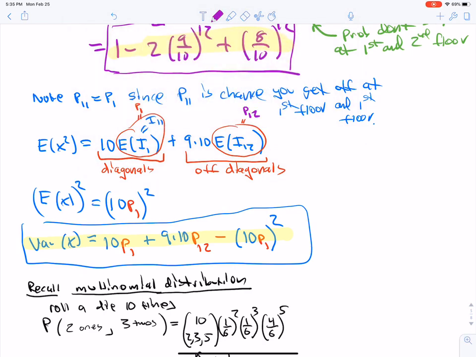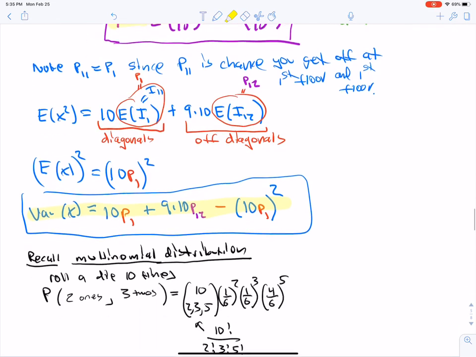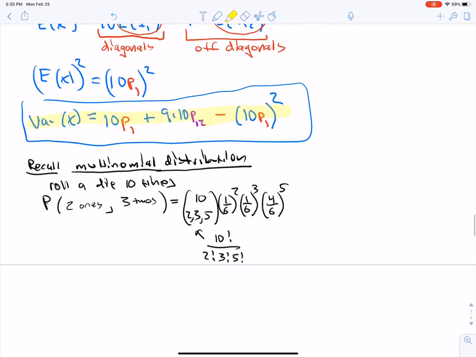P1, 2, perfect. And then I should be consistent with my coloring here. So this is P1, 2. Great. And then we subtract off 10 p1 squared. Okay, so that's the equation for the variance.